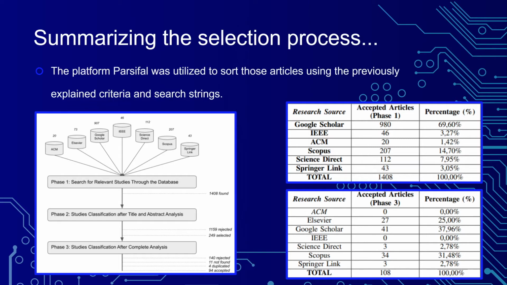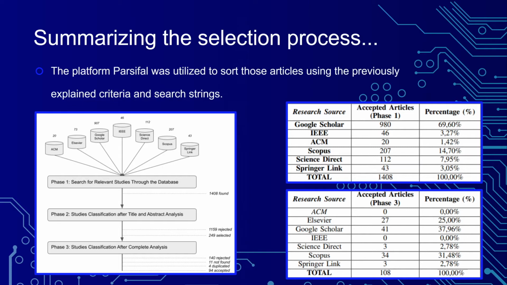Phase 2 is the study classification after the title and abstract analysis. So that's where Parsifal comes in. We have all the papers in Parsifal and we need to select the papers based on their title and abstract. We read the title and abstract and then select.